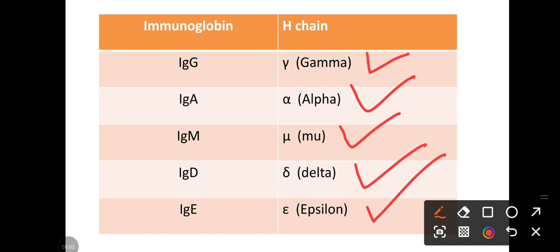Depending on this H chain only, the immunoglobulin is determined and named. These are very important points about immunoglobulins or antibodies. So please remember all the points, those two tables, and this last one too, because they ask which immunoglobulin the mu chain represents. At that time you will get confused, what is mu, we didn't read it somewhere. So just remember the first letter of gamma, alpha, mu, delta, epsilon, and depending on that the specific immunoglobulin is known.